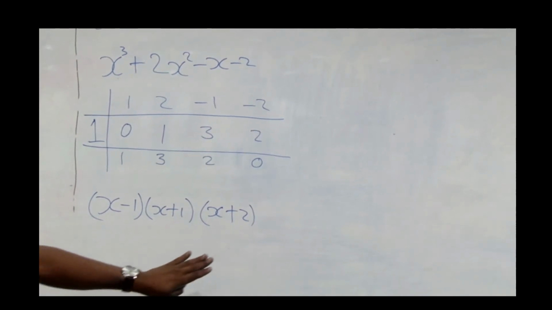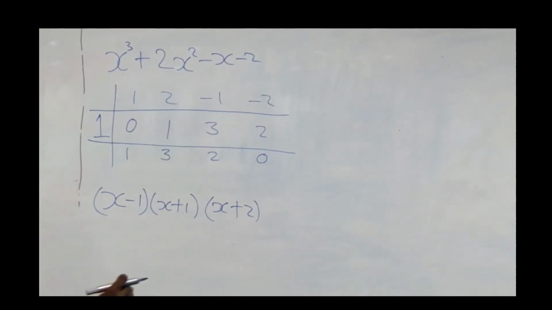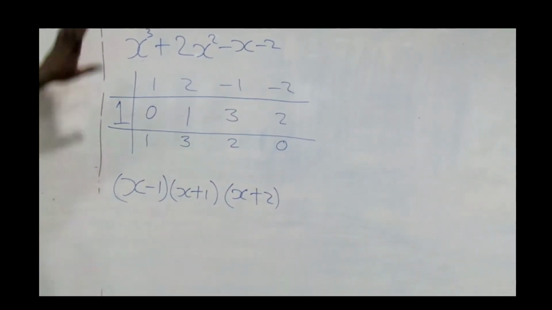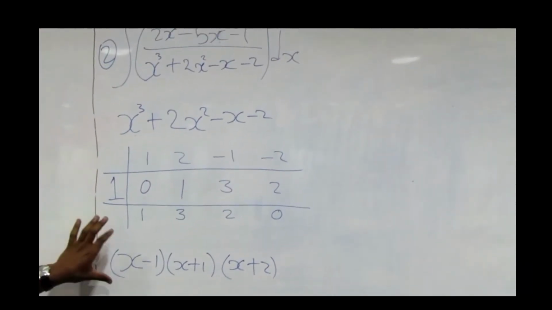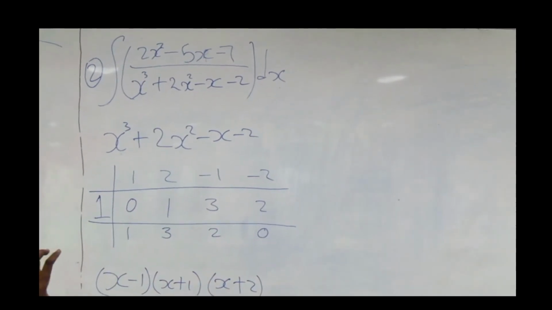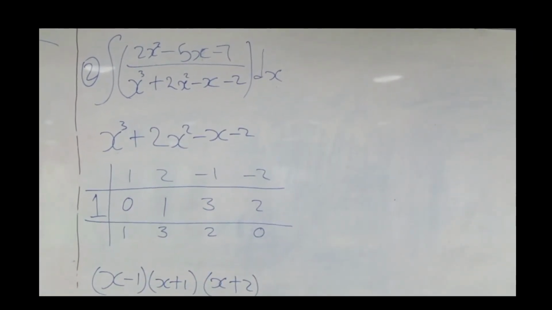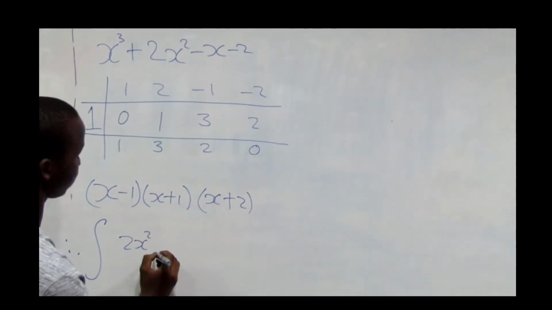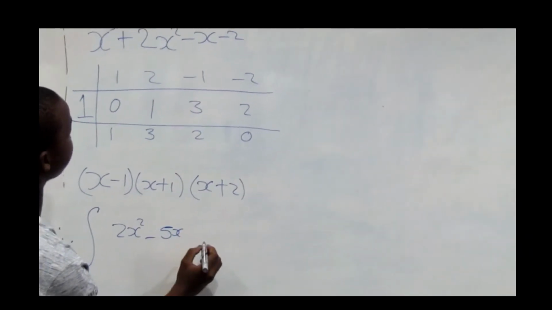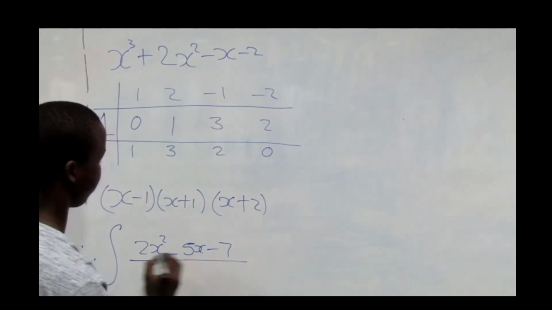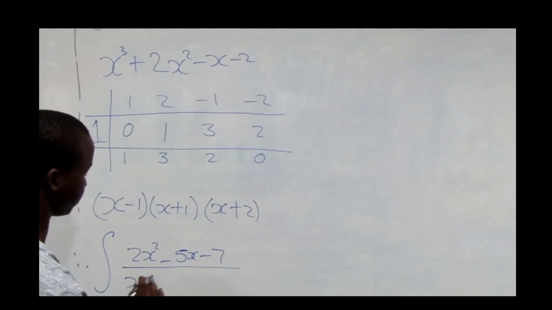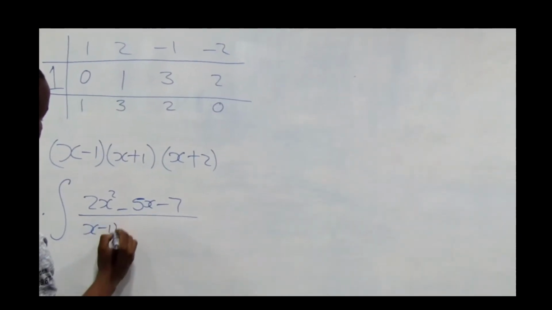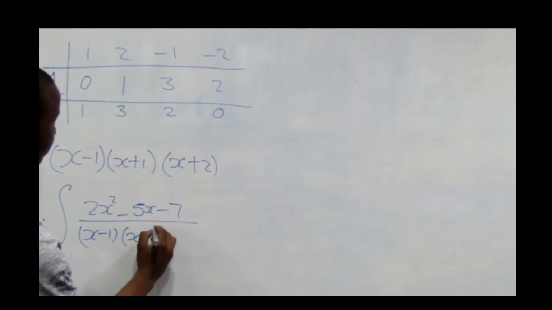Then from here, you just come again and substitute your factorized function, which we're gonna say therefore 2x squared minus 5x minus 7 over the whole x minus 1, x plus 1, x plus 2.